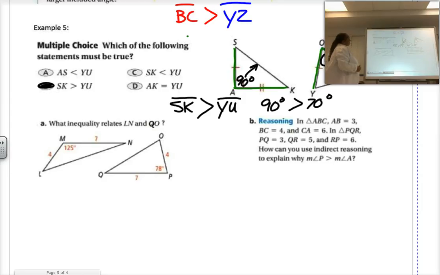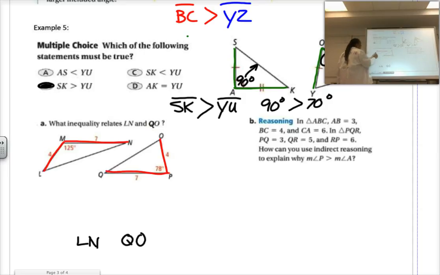Okay, so what inequality relates LN and QO? So we're looking for the inequality for LN and QO. First thing I'm going to look at, since we're talking about the Hinge theorem, is this side ML has a measure of 4, and OP has a measure of 4. Then I have MN has a measure of 7, and QP has a measure of 7.